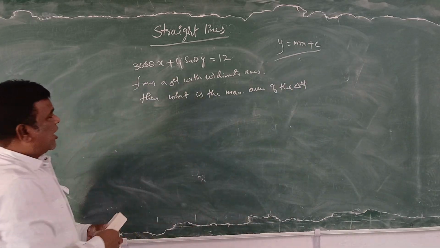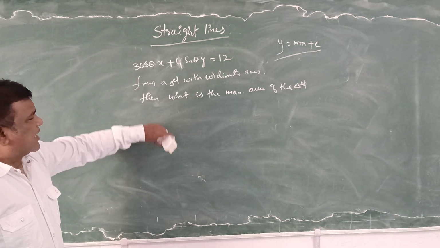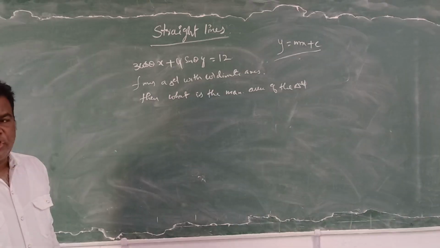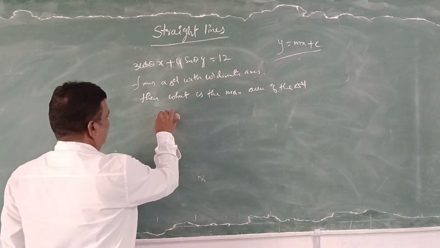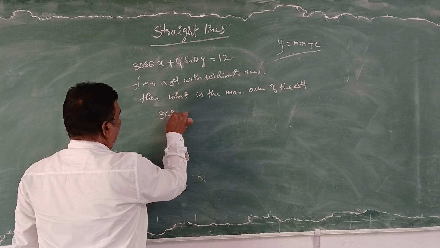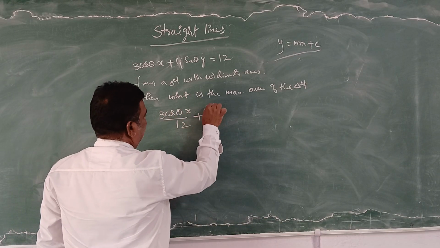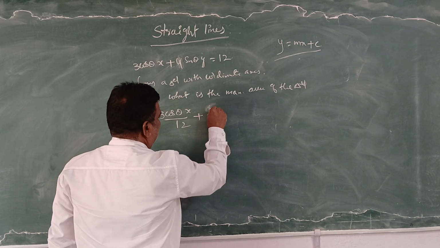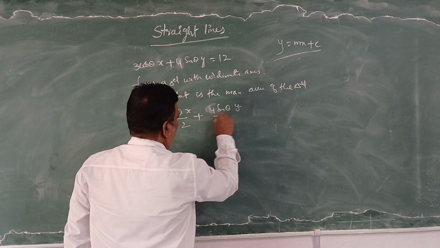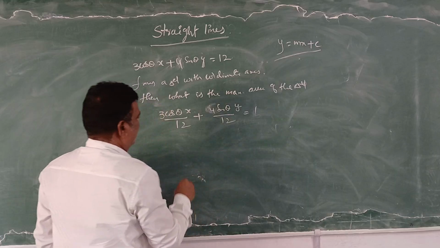First of all, I am going to convert this equation into intercept form. 3 cos theta x by 12 plus 4 sin theta y by 12 is equal to 1.